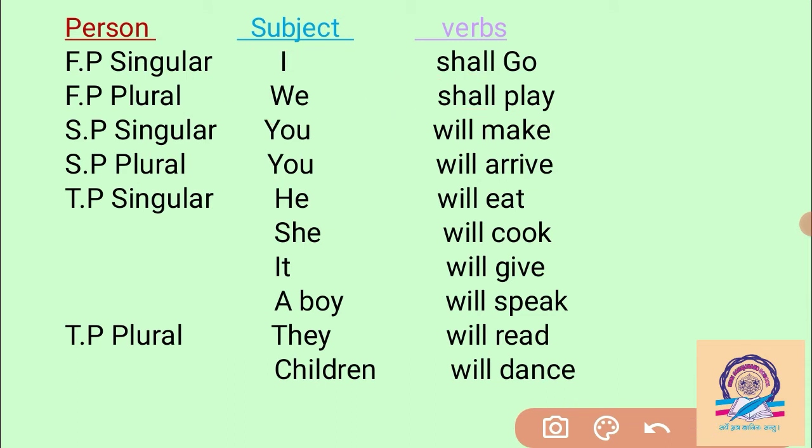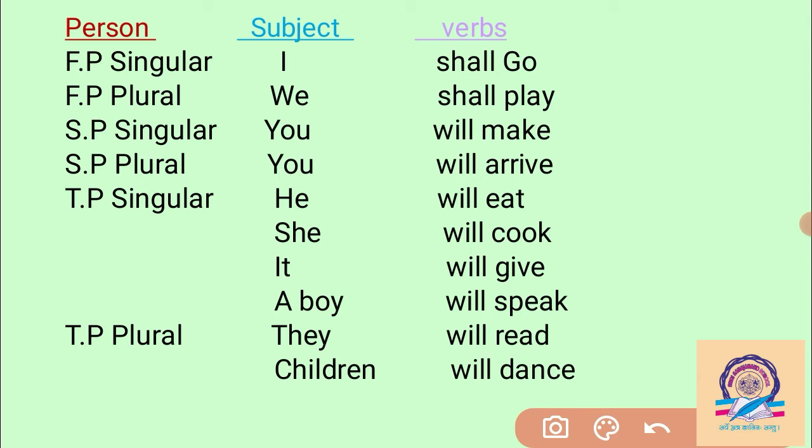Then second person singular: you is second person singular. It means the listener is the second person, to whom we are talking. The speaker is first person, then the listener is second person, you, and second person plural is also you. If the listener is one, it is singular; if more than one, it is plural.